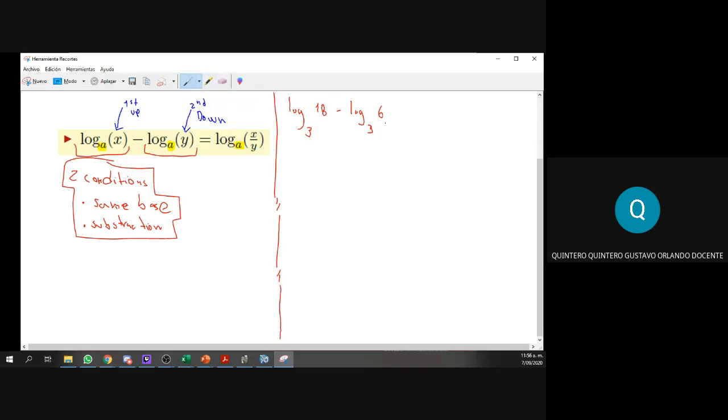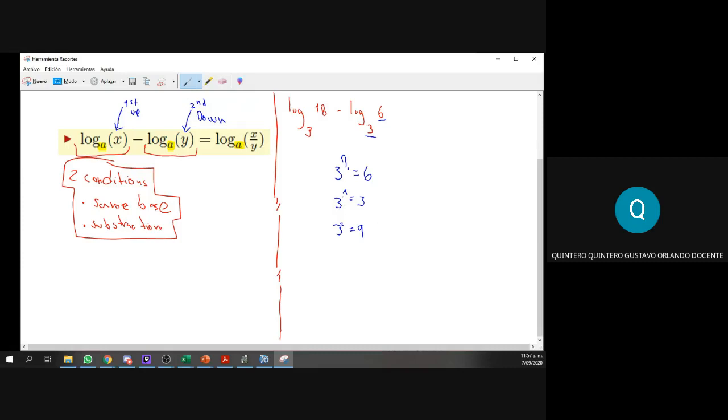All right. How about the second though? Can we do the second one with our minds? 3 elevated to what exponent gives me 6? Well, I don't know either, because 3 to the first is 3, and 3 to the second is 9.